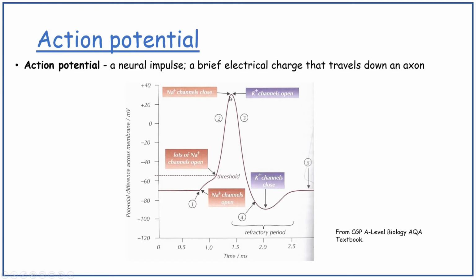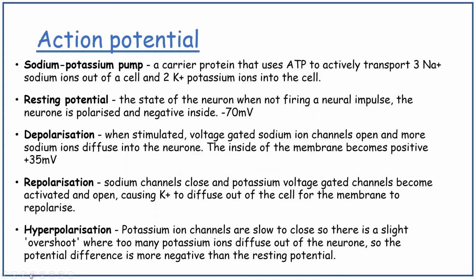At the top of the action potential, which is around plus 30 millivolts, the sodium channels close and the potassium channels open. Therefore, potassium goes out of the axon. There is a slight overshoot where the potassium channels are slow to close, which causes it to become more negative than resting. And then eventually at number 5, the resting potential, the sodium-potassium pump kicks back in.